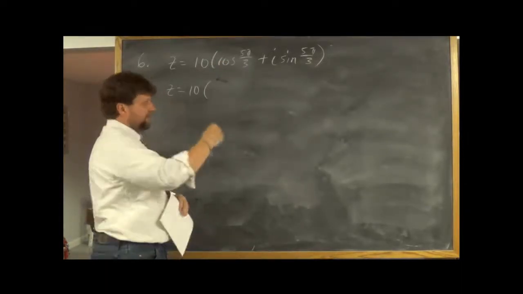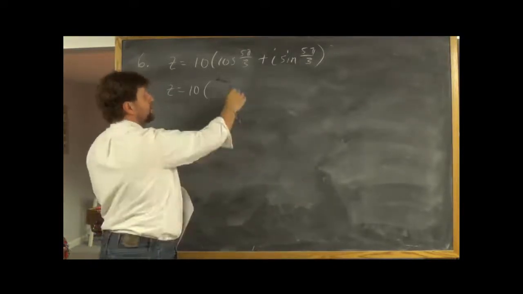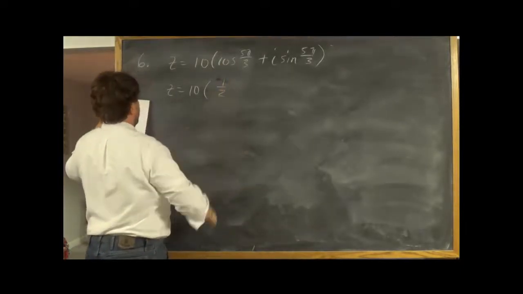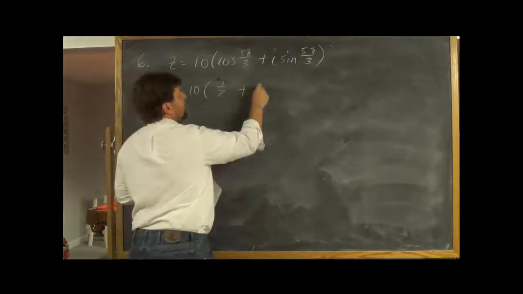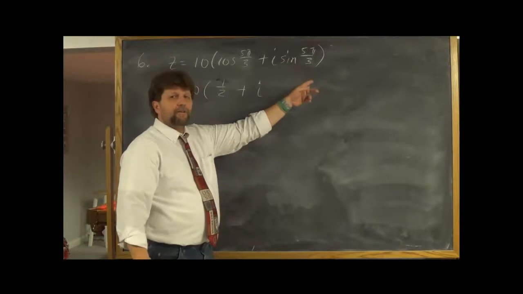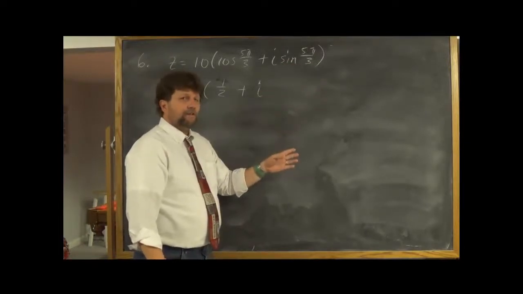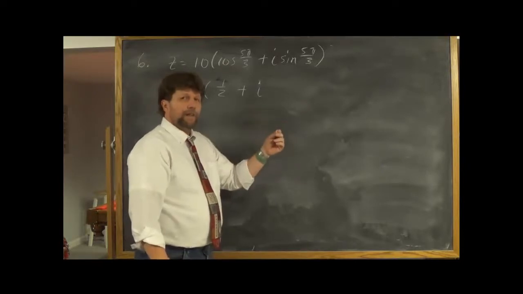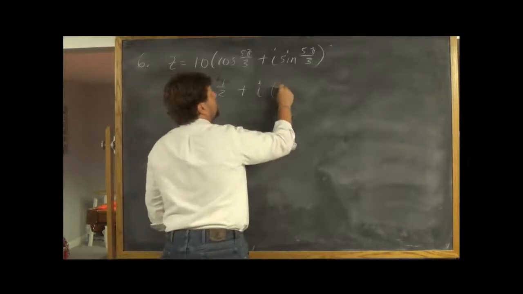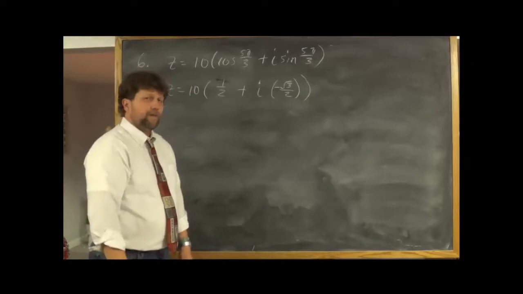Knowing where 5 pi over 3 terminates, the x-coordinate of that point on the unit circle, the cosine of 5 pi over 3 is 1/2, plus i times the sine of 5 pi over 3. You should know on the unit circle where 5 pi over 3 intersects, the y-coordinate of that point is negative square root 3 over 2.